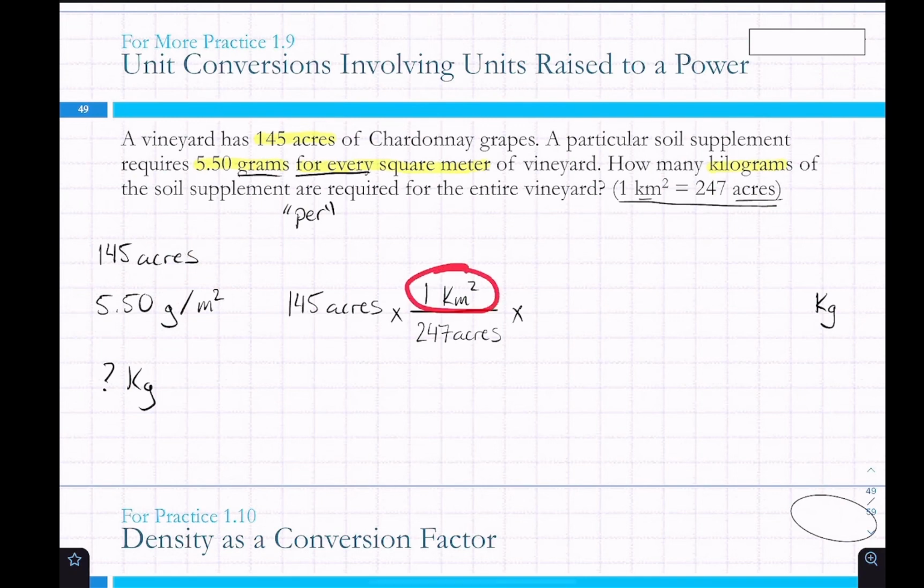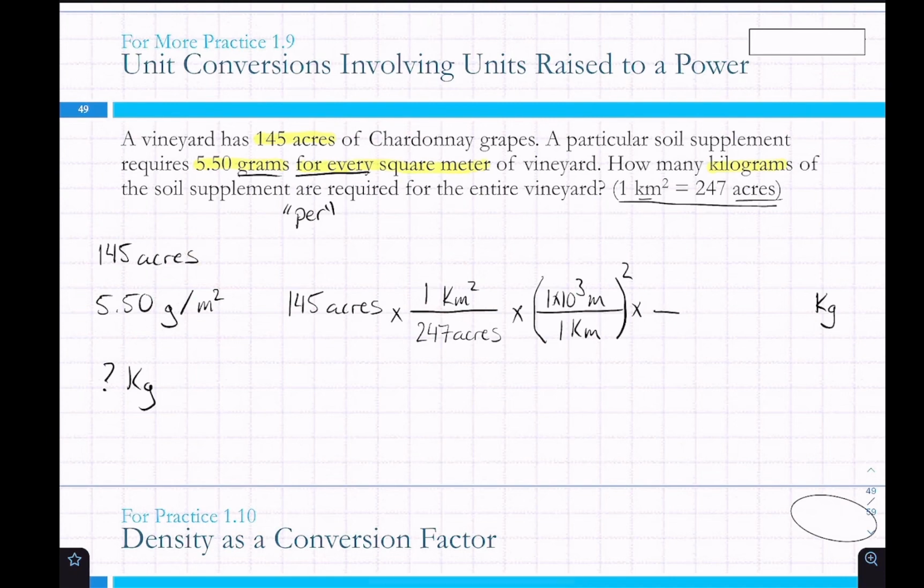But now we got to convert kilometers squared into meters squared. And this is where we're using units raised to a power. So we can write in our base conversion here. 1 kilometer is going to be 1 times 10 to the 3 meters. And then we're going to take that whole thing and square it. And that means we're squaring the number and the unit on the top and the bottom. Okay, so now that gets us to meters squared.